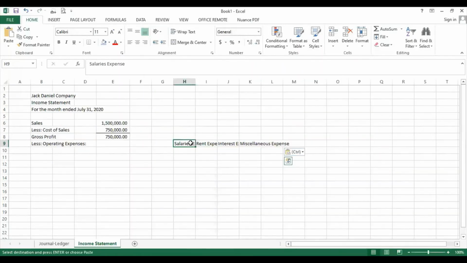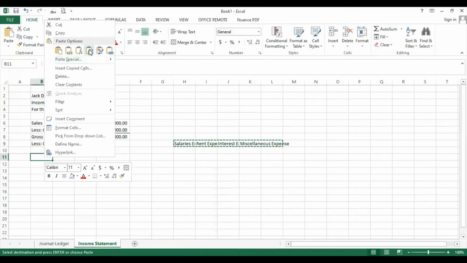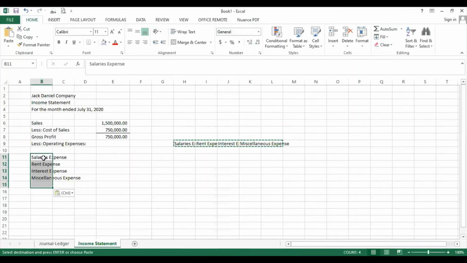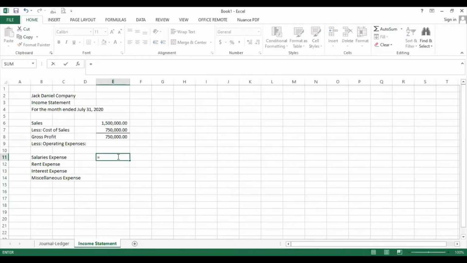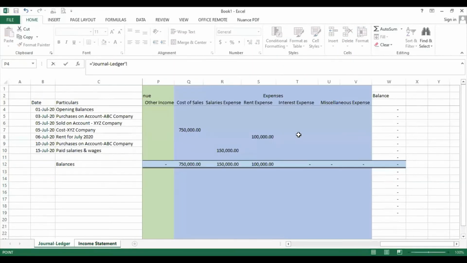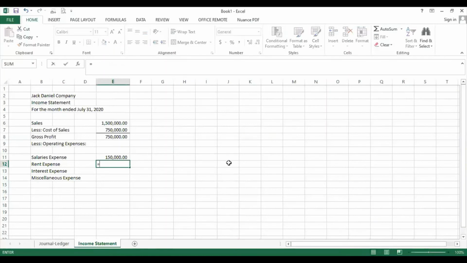Then we will line up all our expenses here. So Control C, right click here, and transpose. So you now have the list of all the expenses. Then we can delete our source. Okay. So since operating expenses are all debits, we just click equals, then link. So you have salaries, interest, rent expense.